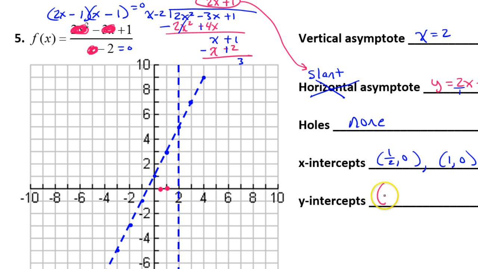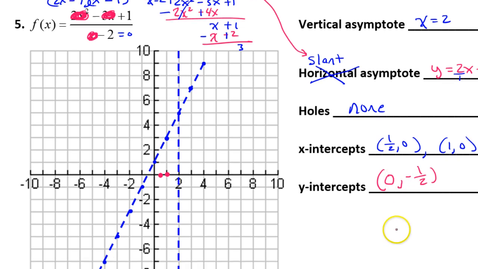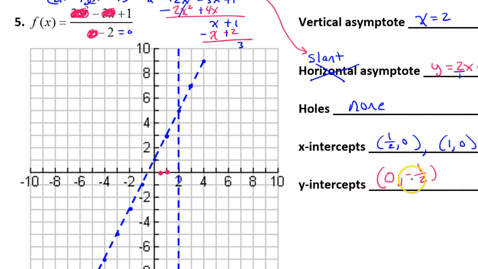Okay, that's why my y-intercept is going to be 0 comma negative 1/2. Right, that's my 1 over negative 2. Uh-oh, my 0 is disappearing. All right, so 0 comma negative 1/2. All right, that's going to be right here.